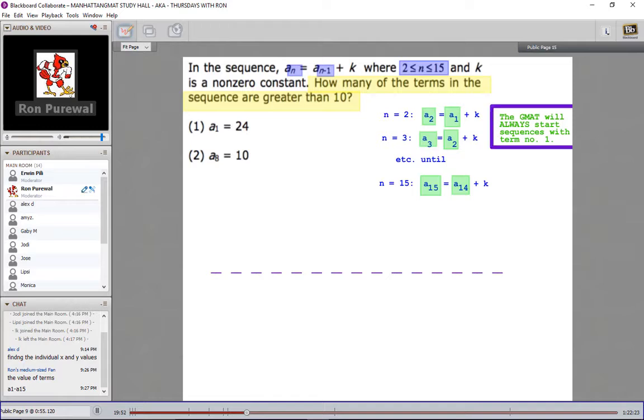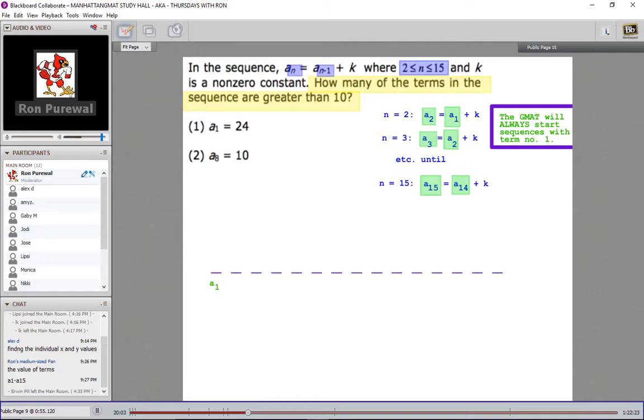Okay. So we have 15 terms. Let's label those. This is a sub 1. This is a sub 15, the last term. What's the middle term, guys?